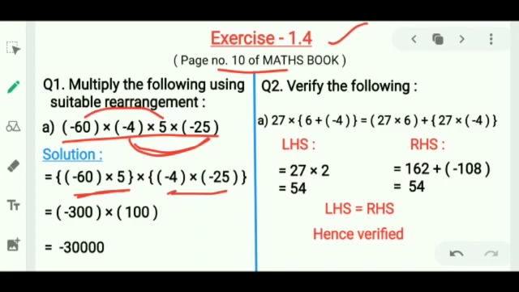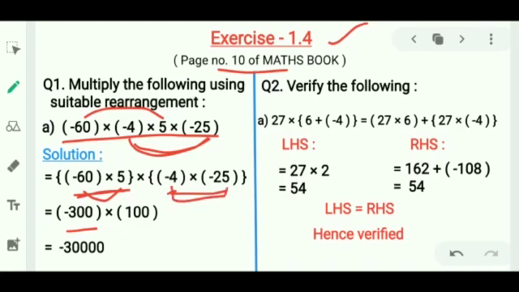When we multiply minus 60 with 5, we get minus 300. 5 sixes are 30 and one 0 is there, so it becomes 300, and because one minus sign is there, and we know the product of one minus and one plus becomes minus. So the product of different signs is minus. Now we have minus 4 and minus 25.